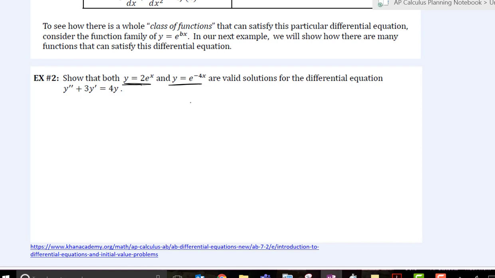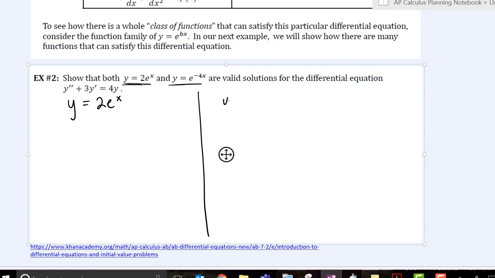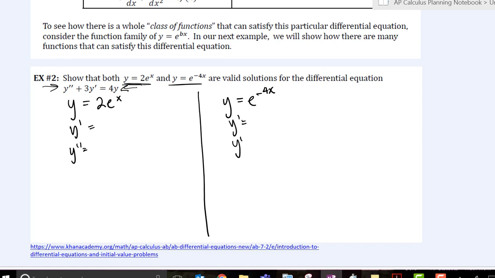This seems like a mouthful. I'm going to split this up into two pieces though. We're going to first deal with y equals 2e to the x, and then y equals e to the negative 4x. Since I'm looking to substitute them into this equation, for both of these I need y prime and y double prime. On the first equation, y prime is 2e to the x, and y double prime is also 2e to the x.